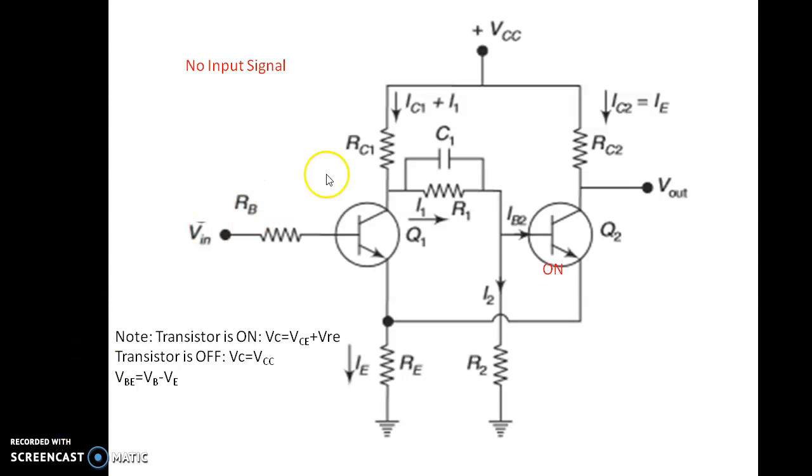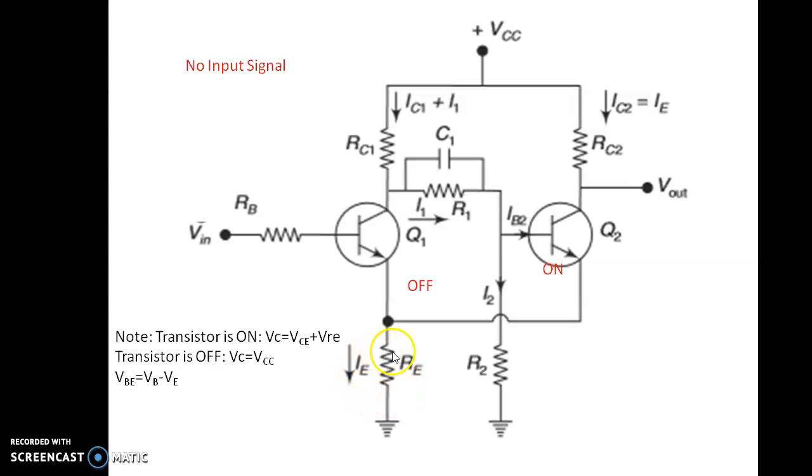So when there is no input signal and only the DC supply is switched on, because of the voltage divider formed by R1 and R2, the transistor Q2 turns on. As the transistor Q2 is turned on, the current through the resistance Re increases, which in turn develops a voltage drop across this resistance Re.